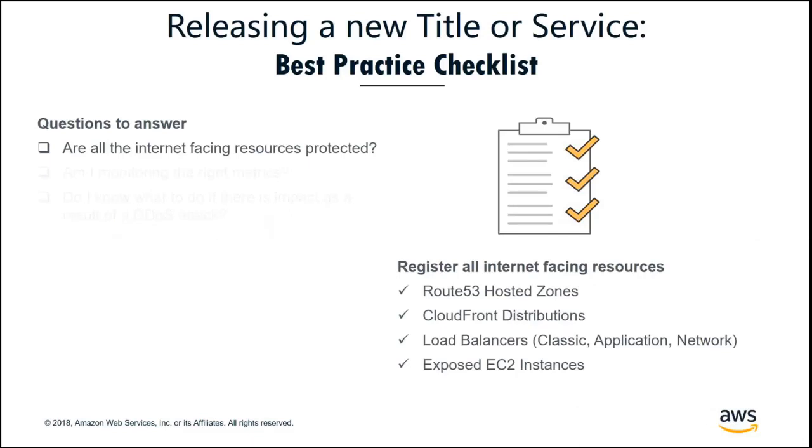So that includes your hosted zones, so your customers can resolve the resource, any CloudFront distributions that might be delivering game downloads or handling sign-up pages, any load balancers that might be handling login or social and matchmaking, and any directly exposed EC2 instances. Now I'll show you in my demo that bulk registration is supported by Shield Advanced, so it's actually quite easy to go through and register all of your resources with one API call or one click in the console.